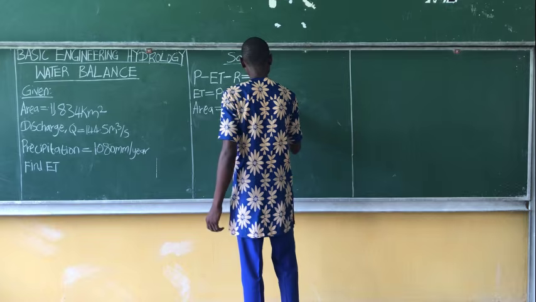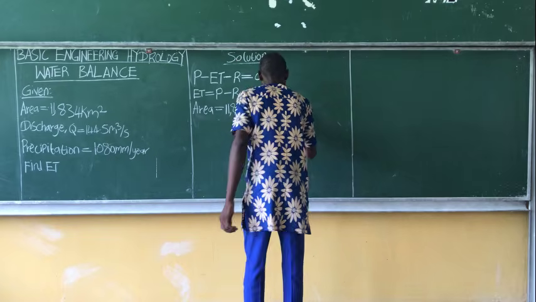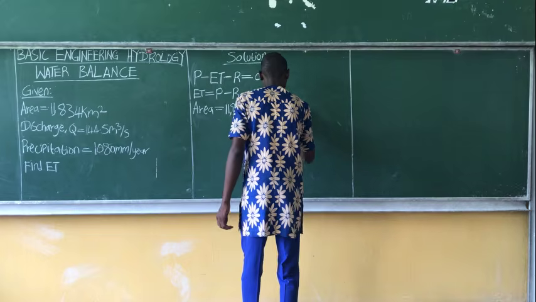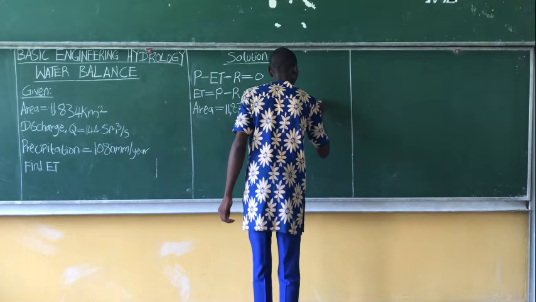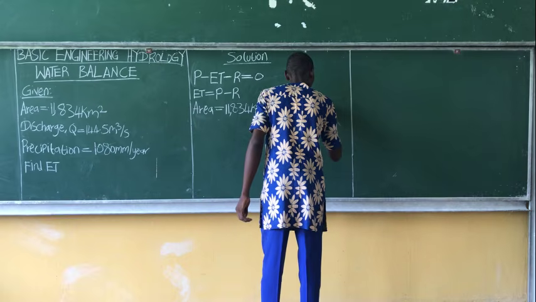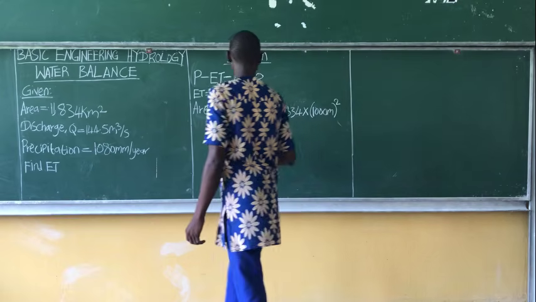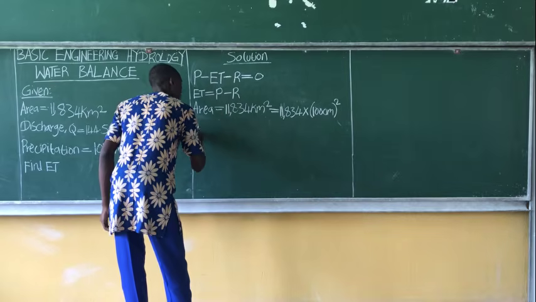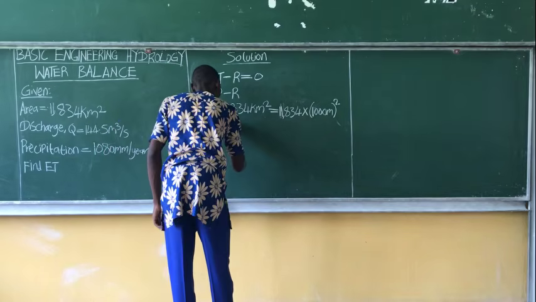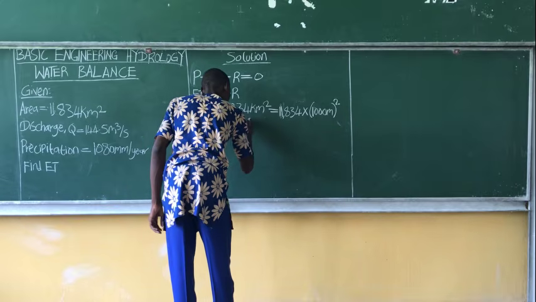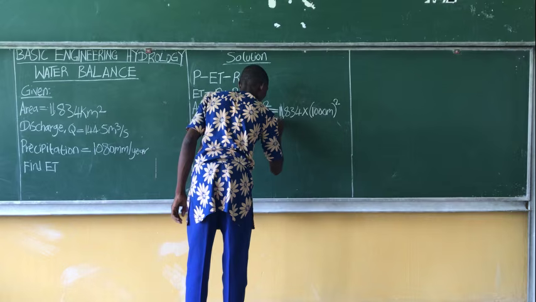So this is going to be equal to 11,834 times 1,000 meters square. So we are going to have our area in meters square to be equal to what? Times 10 raised to power.